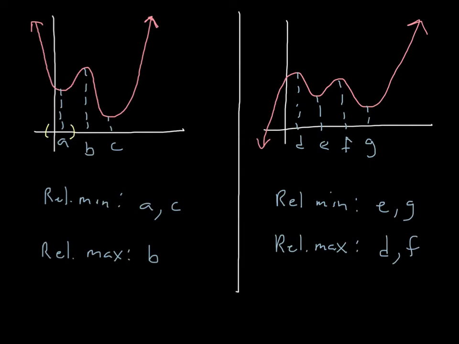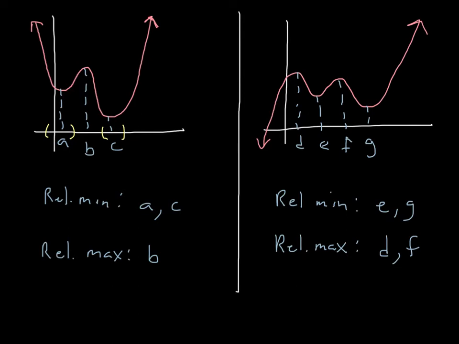And my function achieves its lowest value inside of that interval at A. The same thing would be true at C. If I went through an open interval just to the side of C, my lowest value is achieved at C, and all the x values inside of that interval would give us a higher function value than what we get at x equals C.